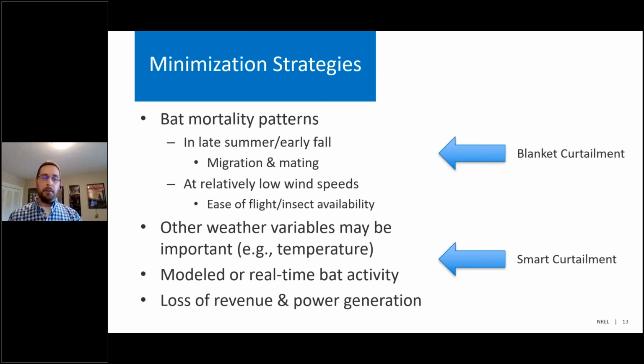Either of these strategies results in a loss of revenue and power generation, and we don't want that. We want to protect bats. We want to produce renewable energy, and so we need to do what we can to try to refine this type of minimization strategy so that it's palatable for all stakeholders.